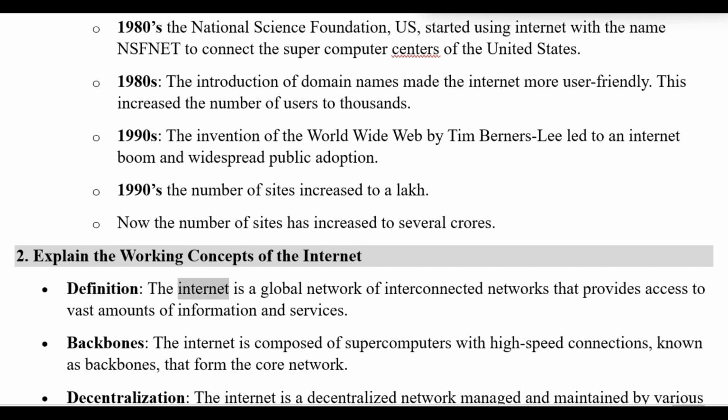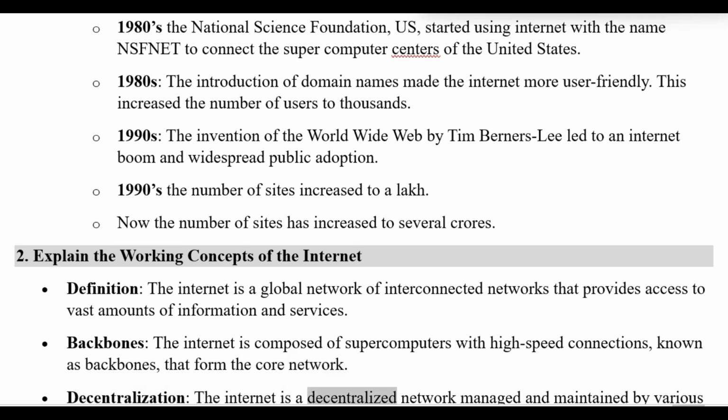Definition. The Internet is a global network of interconnected networks that provides access to vast amounts of information and services. Backbones. The Internet is composed of supercomputers with high-speed connections, known as backbones, that form the core network. Decentralization.